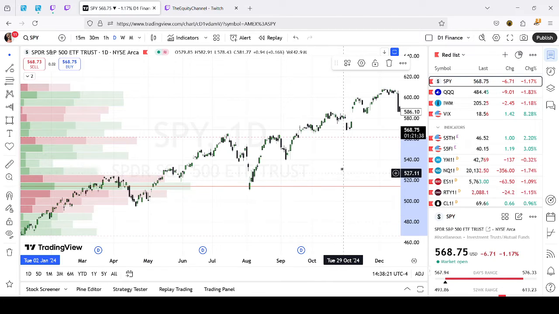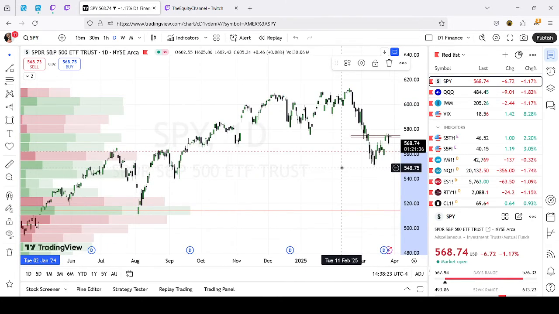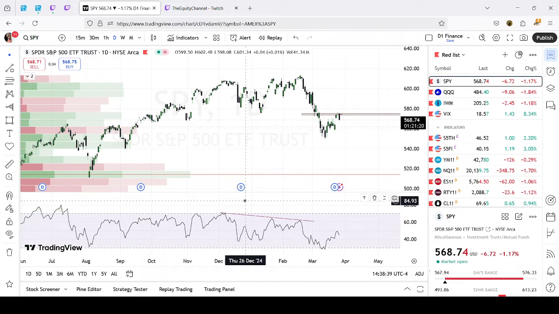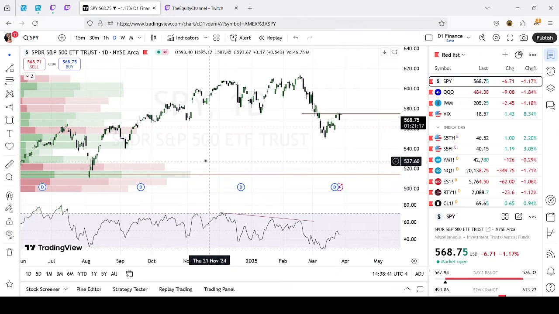Here's what I meant when I said that if we're above the value area high or below the value area low, we may need to see if there's signs of exhaustion or signs of overbuying or overselling. Here I have the RSI. We broke above the value area high at around this point, October of last year. November took us right to new highs.